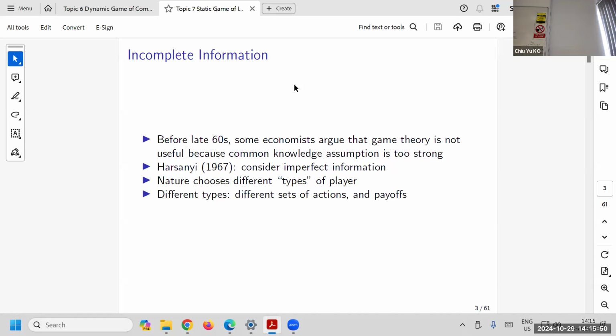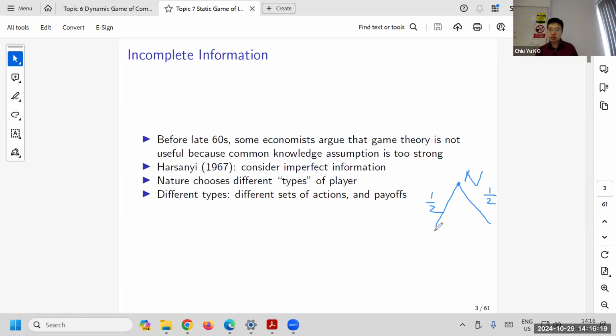The idea is, okay, I don't know. Suppose a game where player 1 has no information about player 2. You can imagine that actually player 2 can be high cost or low cost. And it's nature, the hidden player, who is doing a randomizing strategy, maybe with probability 1/2 and 1/2.